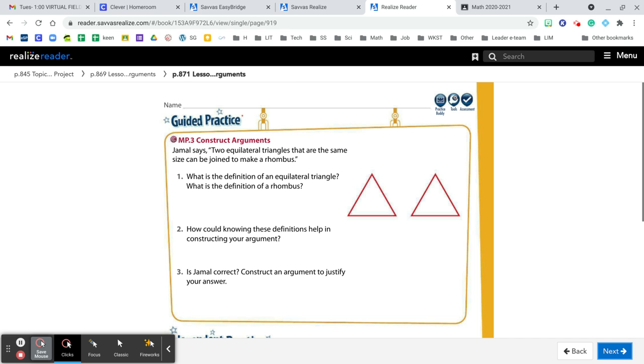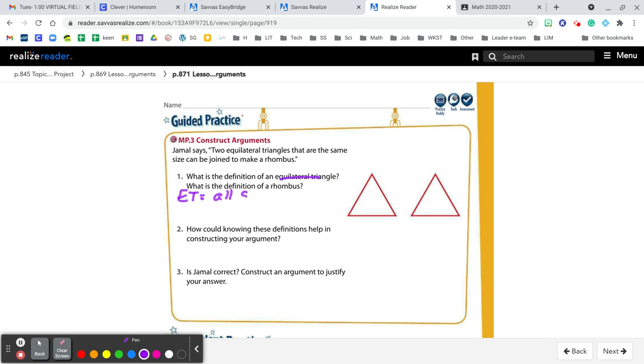Next page. So Jamal says two equilateral triangles that are the same size can be joined to make a rhombus. And what is the definition of an equilateral triangle? We want to start with that. So an equilateral triangle has all sides the same length.